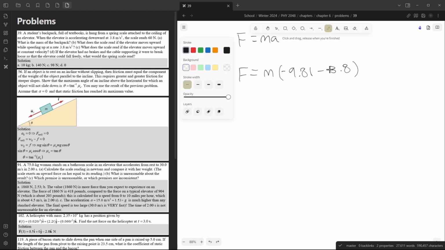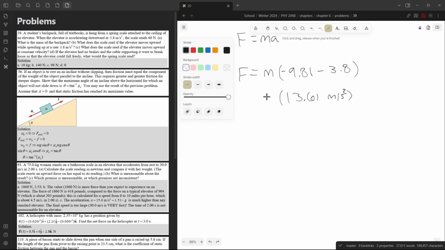So now the magnitude is going to be greater. The absolute value, or whatever. 9.81, 3.8. So this is like 13.61 meters per second squared.